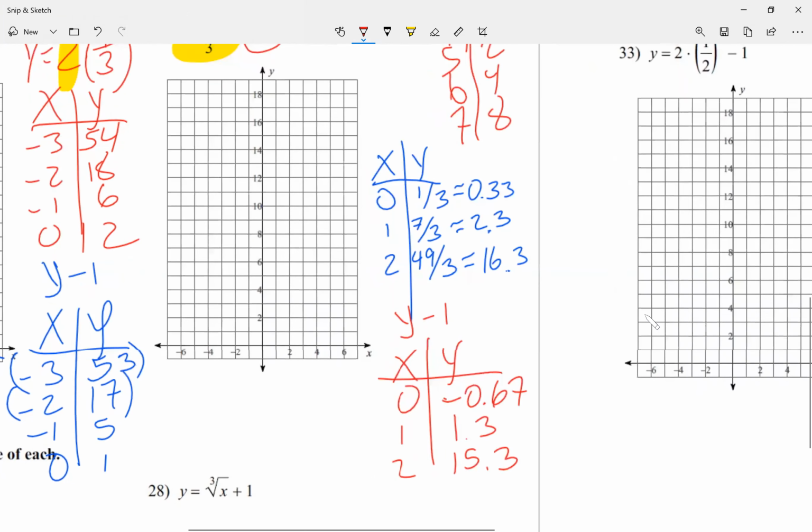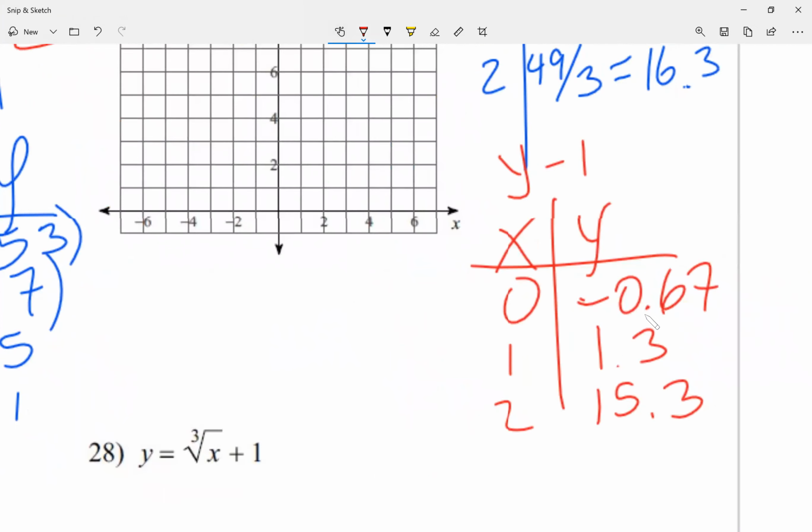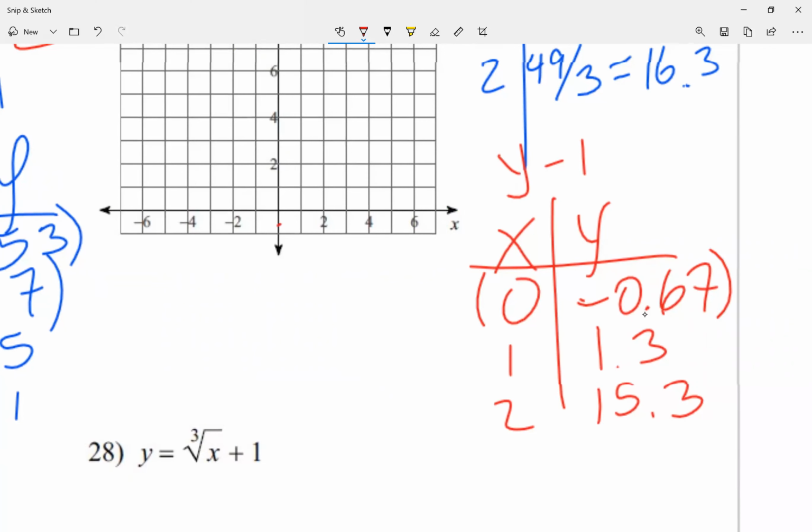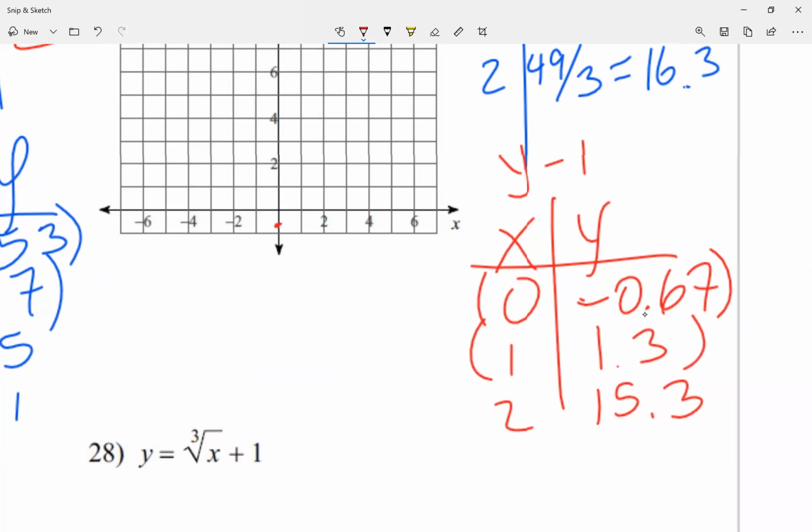Okay, let me plug this in. My first coordinates, x is 0, y is equal to negative 0.67. It's about here. Then when x is equal to 1, y is equal to 1.3.